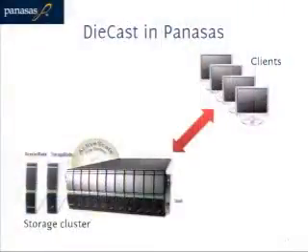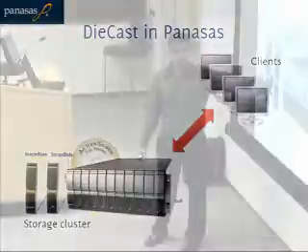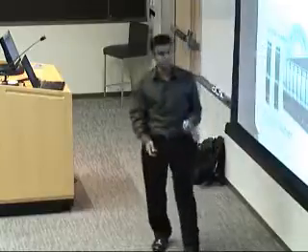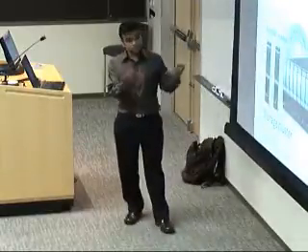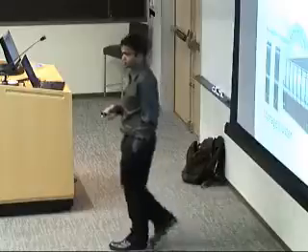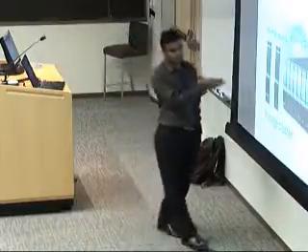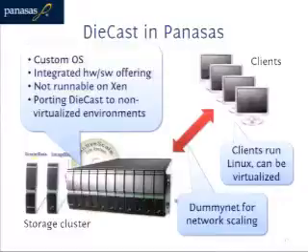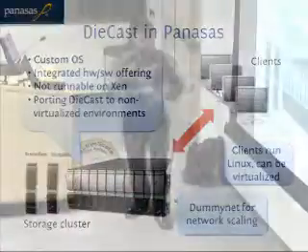So their typical testing infrastructure looks something like this. They have a storage cluster which serves the file system, and some clients that are generating the workload, connected by some network. In order to run DieCast on this system, the clients are fairly easy to deal with because they just run regular Linux, so we could use our current DieCast implementation to scale the clients. But the storage cluster was more of a problem because they run their own custom operating system on it, tightly integrated with their hardware.